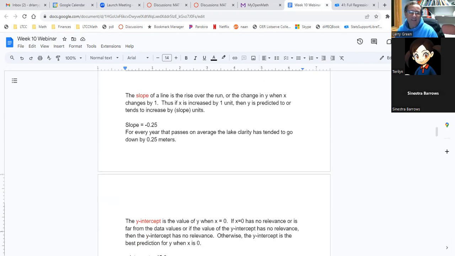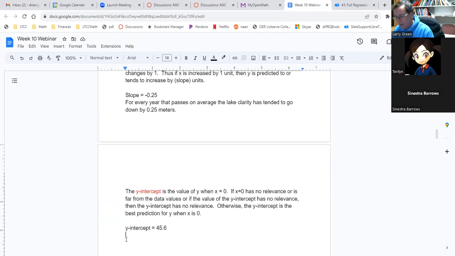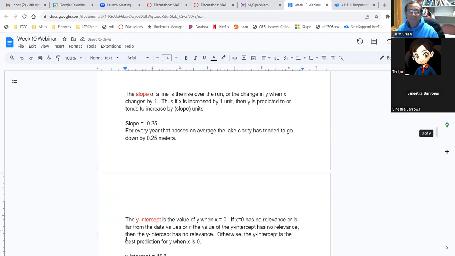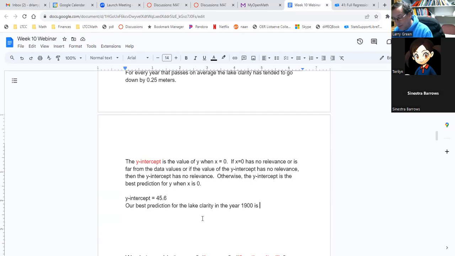Our best prediction for the lake clarity in the year 1900 is a clarity of 45.6 meters.